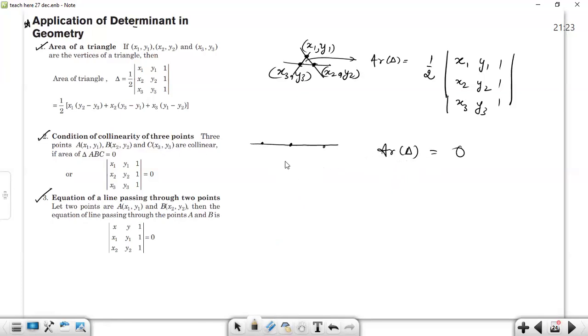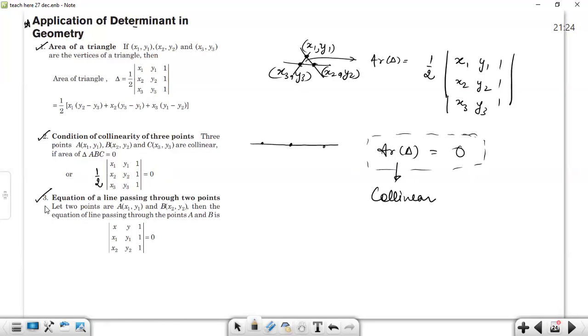If the area is 0, means they are not forming any triangle, means they are collinear. Here the half is missing because half is not having any significance, since it's getting multiplied to something that is equal to 0. Half cannot become 0, only the variable part is going to become 0. That's why half is ignored here. You can write half for your convenience of understanding.